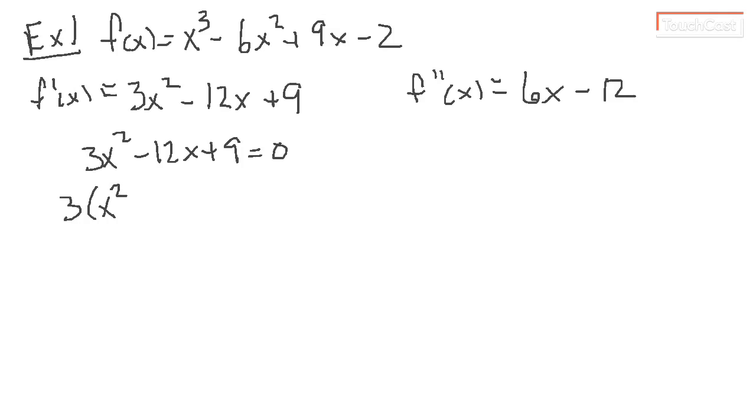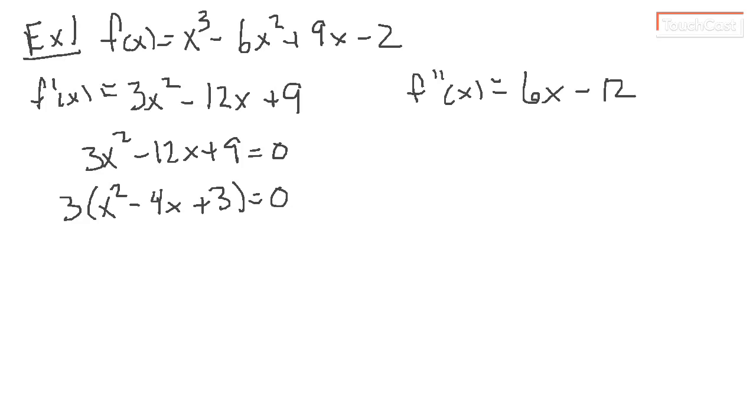So 3 times x squared minus 4x plus 3, that's equal to 0. We can do a few different things with what's left in the parentheses, but I believe this is easily factorable. We need to figure out what numbers multiply to make 3 and add to make negative 4? Well, negative 1 and negative 3.